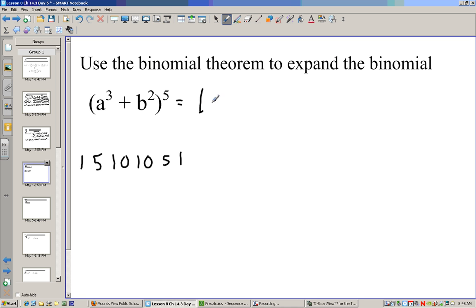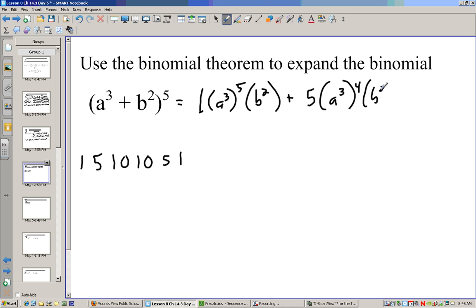1, a to the 3rd to the 5th, b squared to the 0. Plus 5, a to the 3rd to the 4th, b squared to the 1st power. Plus the next term would be 10, a to the 3rd to the 3rd power, b squared to the 2nd power.